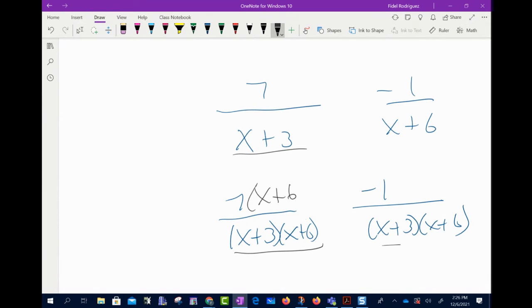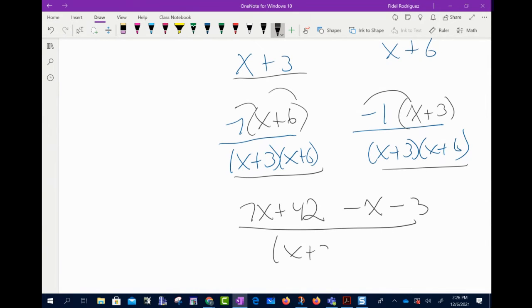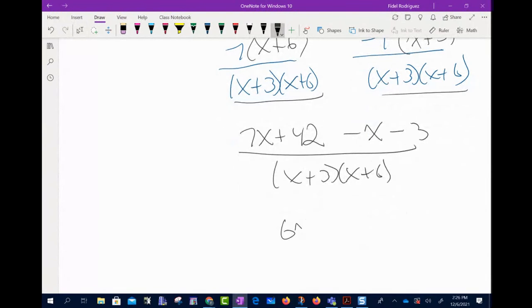What do we put over here that we didn't have before? All right. Isn't this now going to give me a 7x plus 42, a minus x, and a minus 3? Okay. Isn't that now a 6x plus 39 over x plus 3 and x plus 6? Same answer, different answer? Different answer, right?